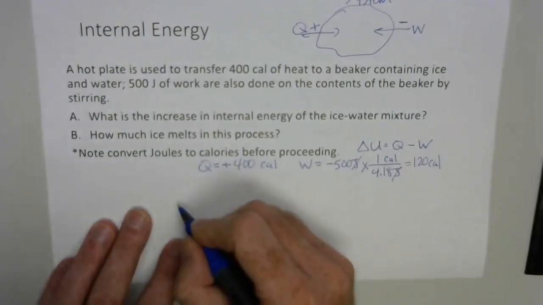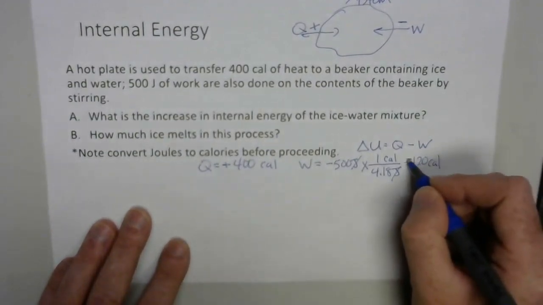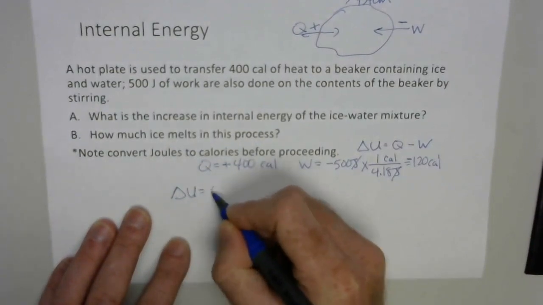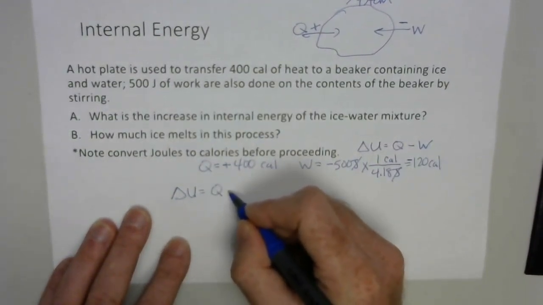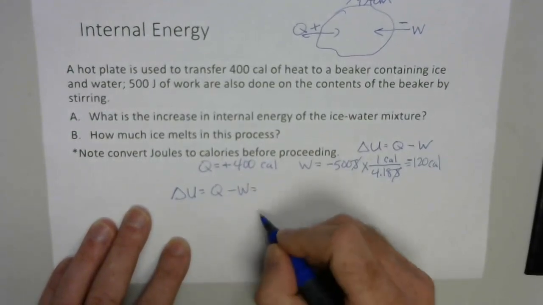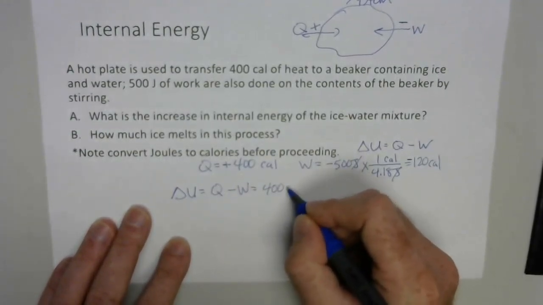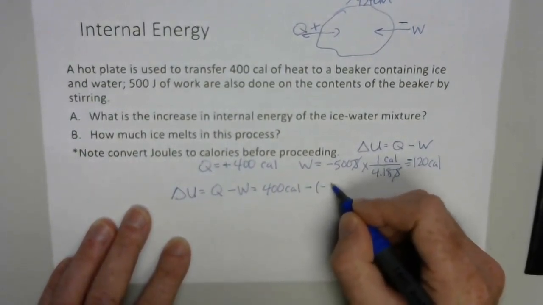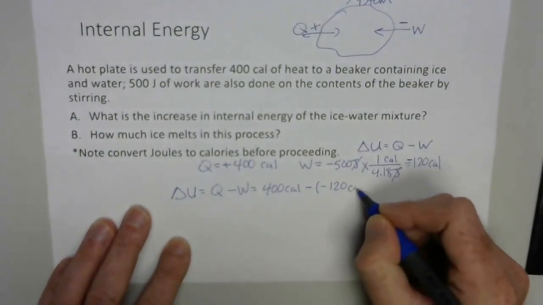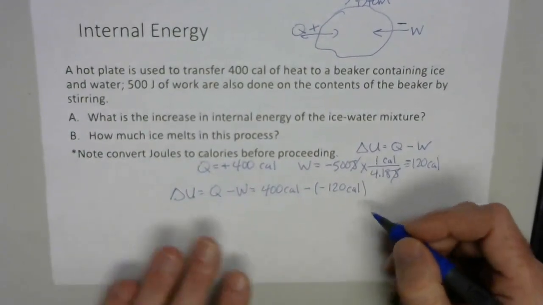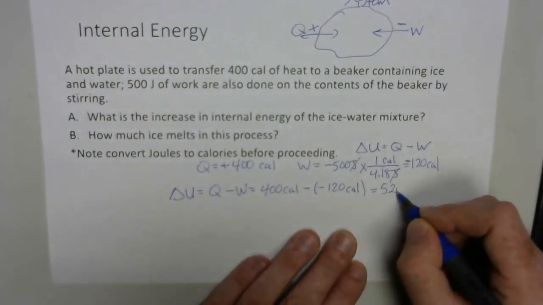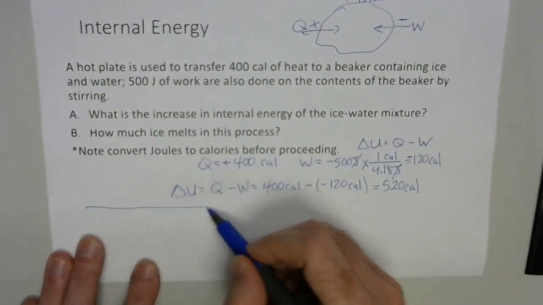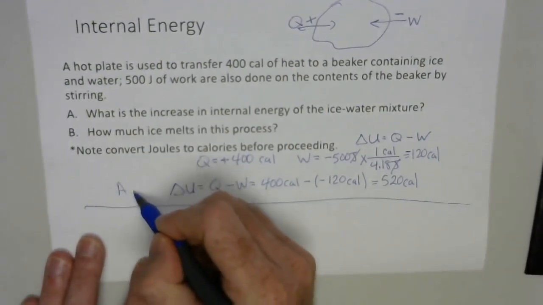And that's a negative, so we're going to keep that negative. So, change in internal energy is heat minus the work. And so it's going to be 400 calories minus negative 120 calories, or 400 plus 120 calories, or 520 calories of heat. So that was part A.